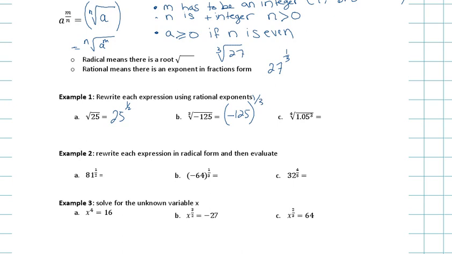If you have it as minus 125 and the 1/3 outside, what does that mean? In the case of 1/3, it's not going to make a difference. But in the case that this is even, it's going to make a big difference. So let me take a different number. Instead of 1/3, I want to take a half.